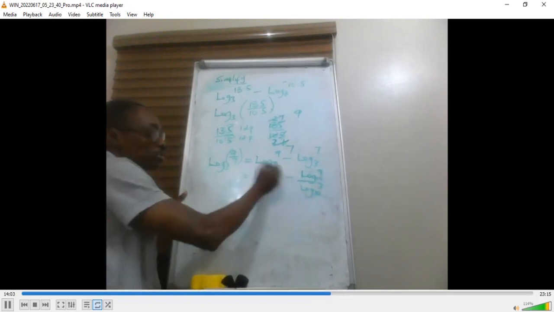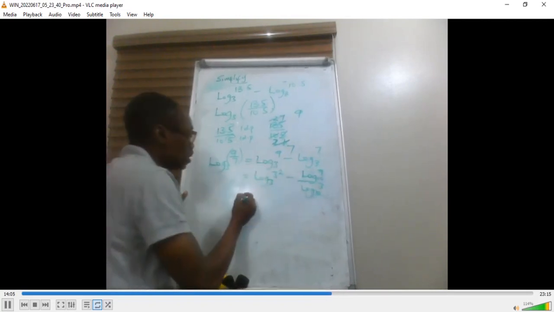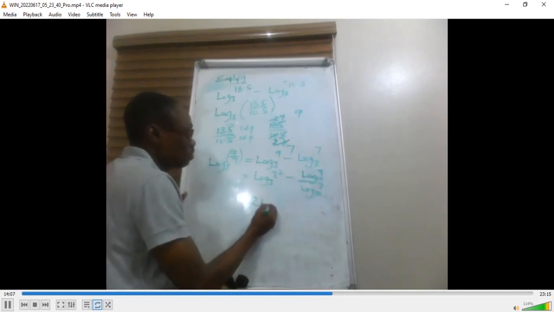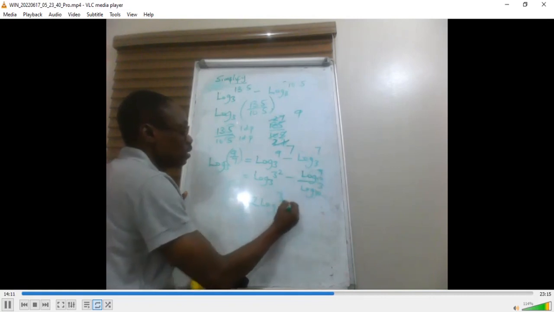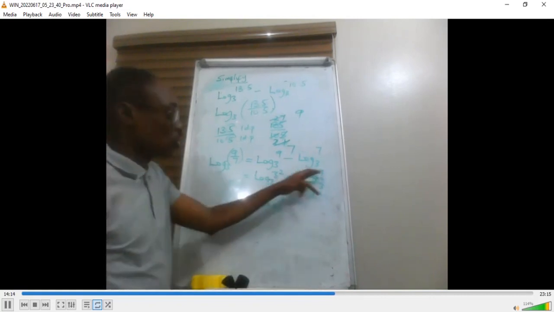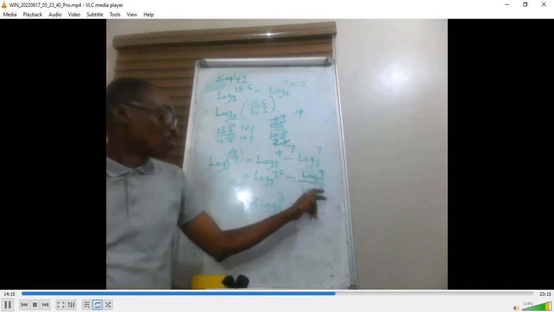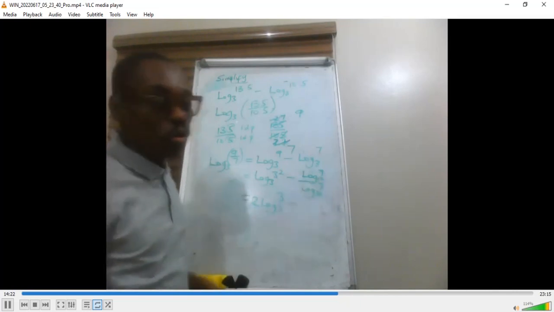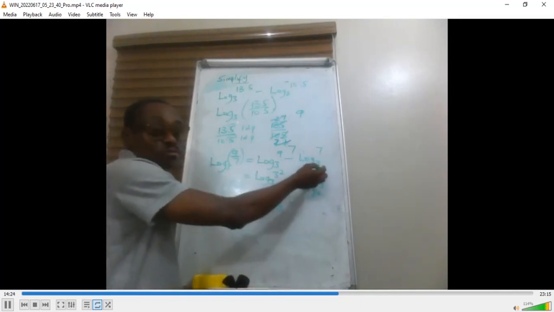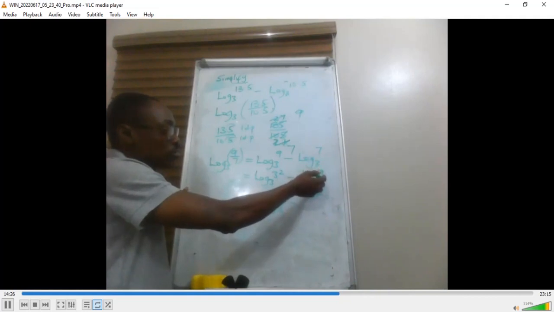So what do you do? You bring the 2 behind the log. This gives you 2 log 3 to base 3 minus log 7 to base 10 over log 3 to base 10. With your calculator or your log tables, you can find the value of log 7 to base 10.